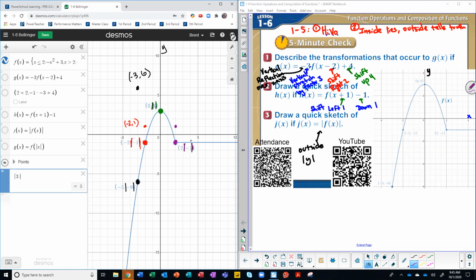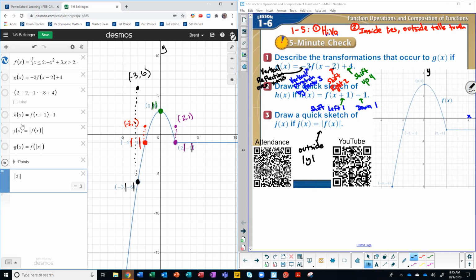So this point's gonna get shifted up to +1. 2, +1. So this point got shifted up because it was a negative turning to a positive. And I shouldn't say shifted up, I should say reflected up. The absolute value works like a reflection. So these are our new points.